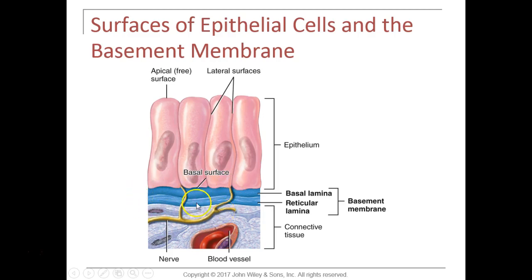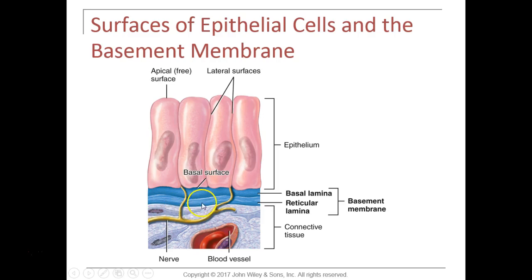Now, the basement membrane that the epithelia are sitting on contains two areas. The very first area that you see, it's a little bit darker in this picture, is called the basal lamina. The structures and molecules in the basal lamina, which include sugars, polysaccharides, and some proteins, are secreted from the cells of the epithelium directly. So these cells of the epithelium are responsible for secreting the substances that make up the basal lamina.